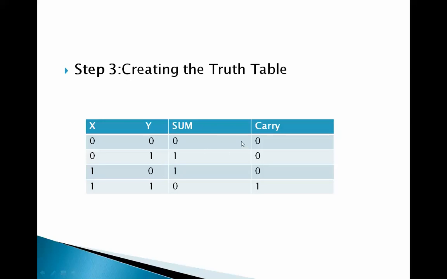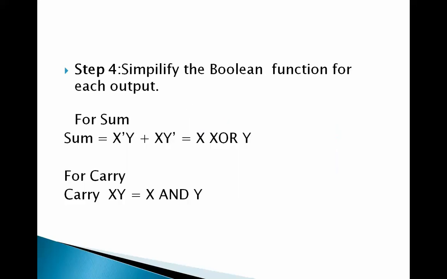And for the carry, we are having an output 1 when both the inputs are 1. That means when both the inputs are high, we are getting a carry output as high. And for sum, we are getting an output 1 when both the inputs are of opposite sign. Now we can simply write an expression for the sum and carry.